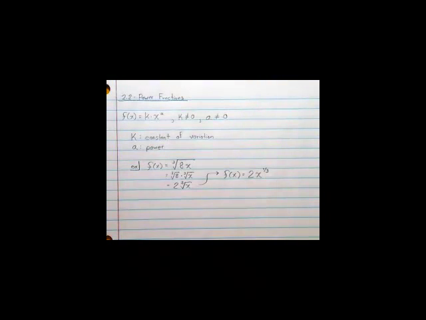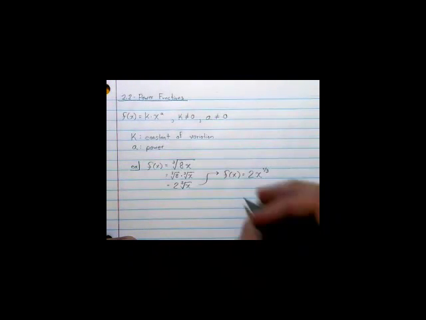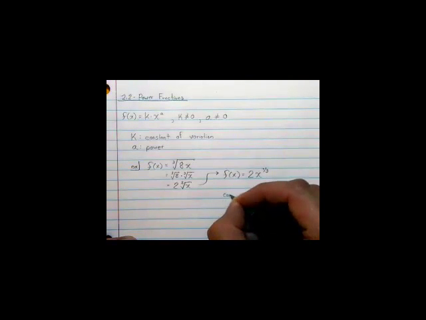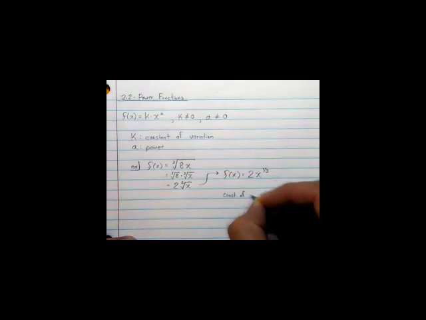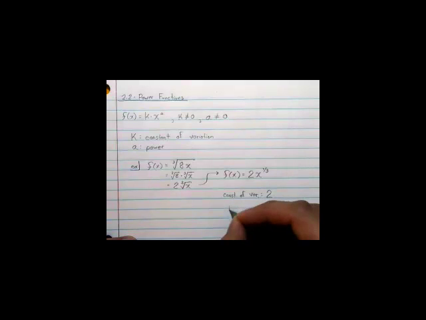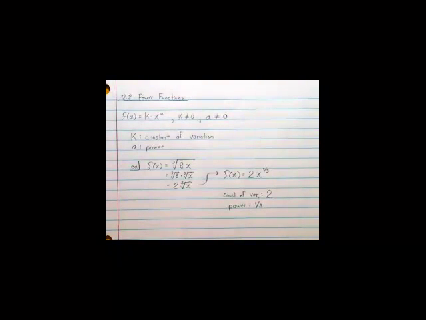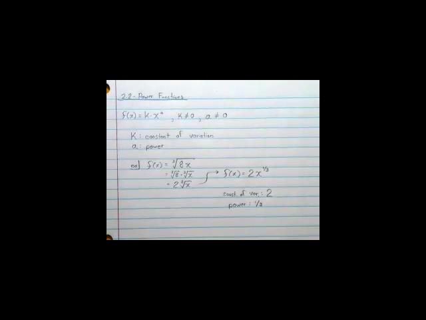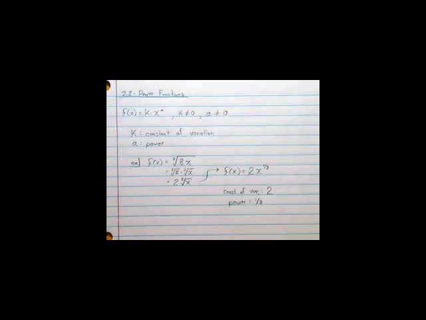Okay, so what's the constant of variation? Constant of variation is 2, and what's the power? Well, yeah, 1/3. Okay, so doing that kind of thing.